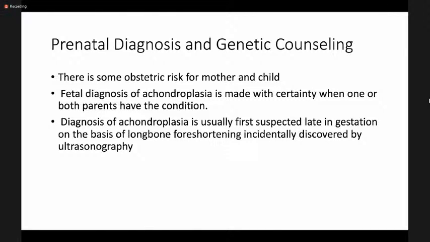Prenatal diagnosis and genetic counseling. There is some obstetric risk for the mother and child.